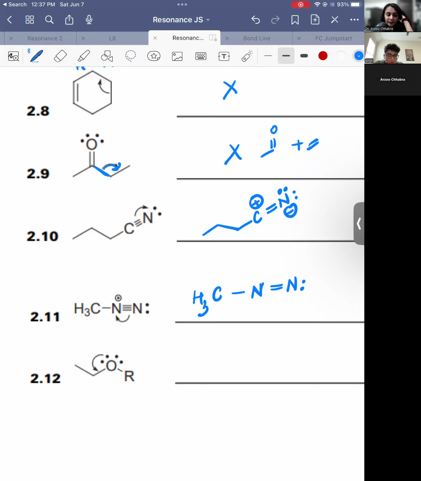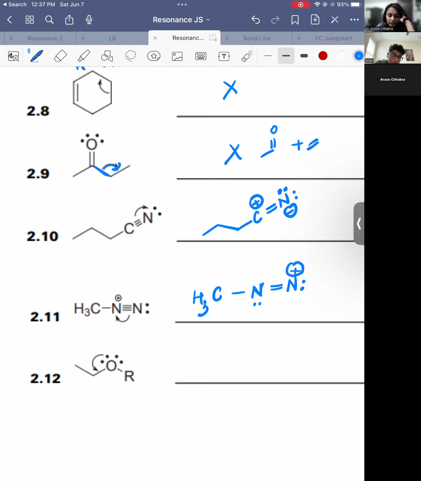Wait, so we are moving the electrons from the triple bond and ending up at the nitrogen as a lone pair. Oh, lone pair. Okay, then it's fine actually. So that will give this nitrogen a positive charge, and the other nitrogen will have a neutral charge, because we're adding a lone pair of electrons here.